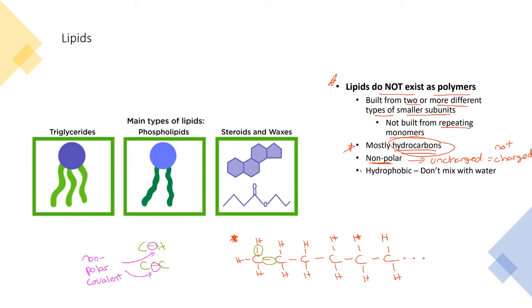Why? Because the carbon and the hydrogen have similar electronegativities, so they're going to be sharing electrons equally.